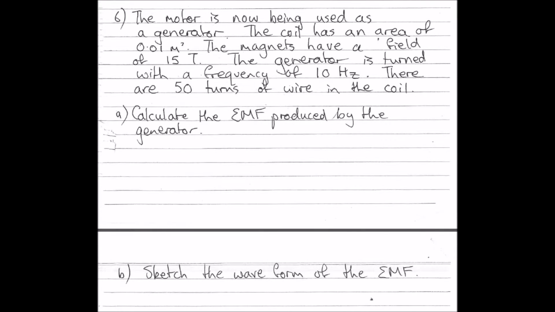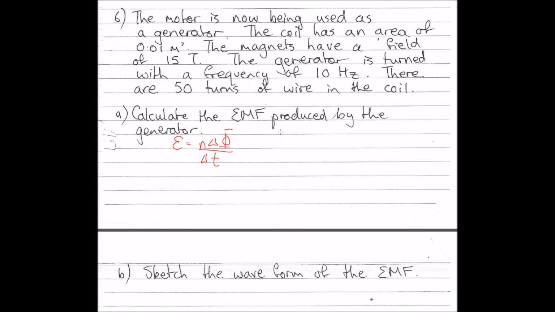Okay, moving down. Now we've got the motor being used as a generator. So this one was done okay, although there were a few kind of silly mistakes. The main thing that I was pretty happy with is that people had the EMF equals N delta phi over delta T. Okay, that was pretty good.